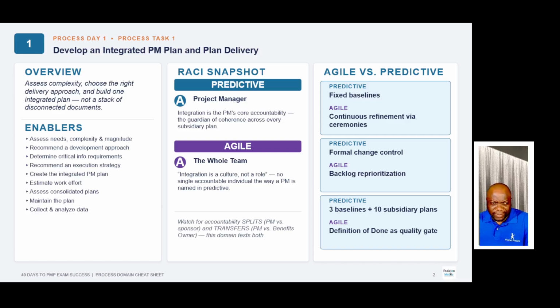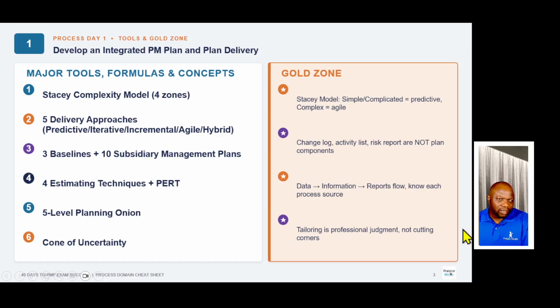The project manager is the guardian of coherence across every subsidiary plan. You need to know the 10 subsidiary plans and the 3 baselines, scope, schedule, and cost, but we have many other subsidiary plans. We are going to be tackling these in the process domain.